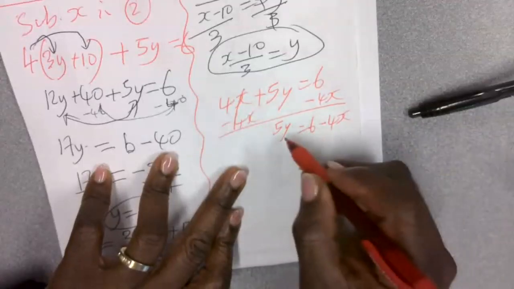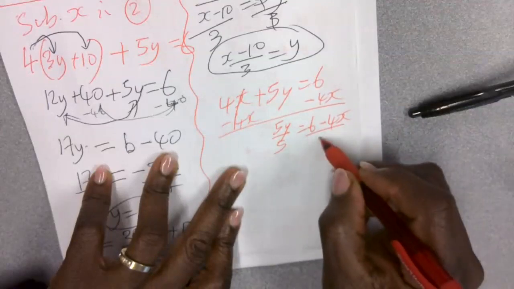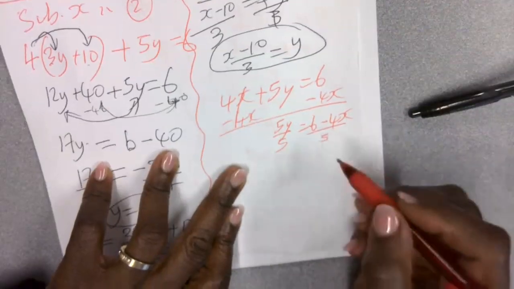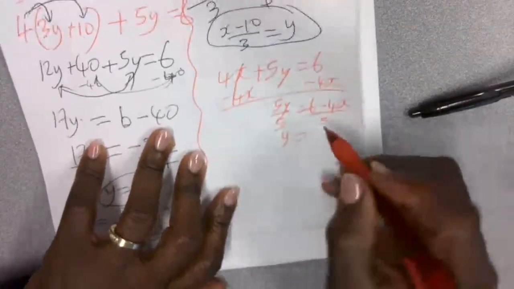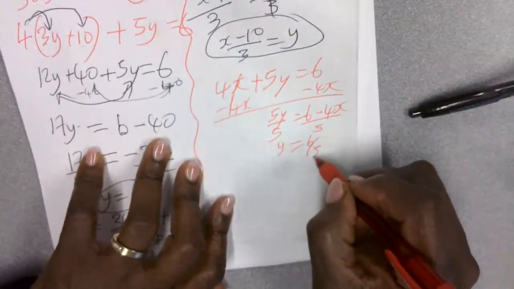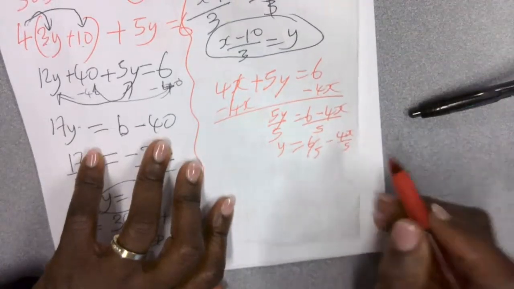Then I divide both sides by 5 because y has got to be alone. All right, so now I have y is equal to 6 over 5 minus 4x over 5.